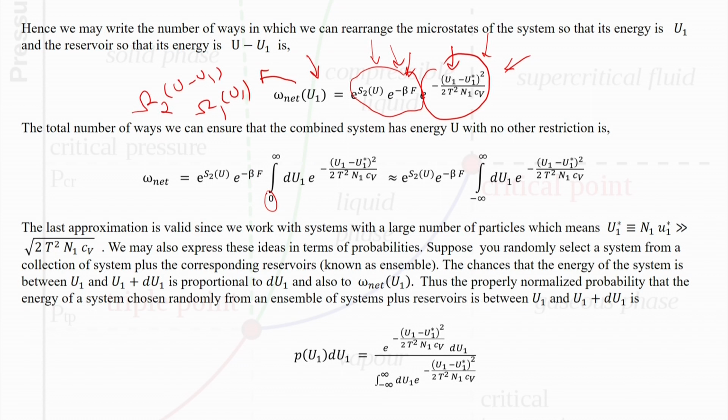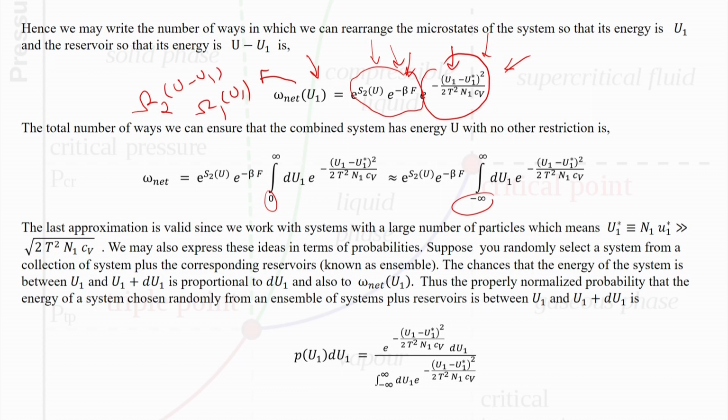But then I have the liberty of replacing the lower limit by minus infinity if I can convince myself that the contributions from u1 all the way from minus infinity to 0 can be neglected.